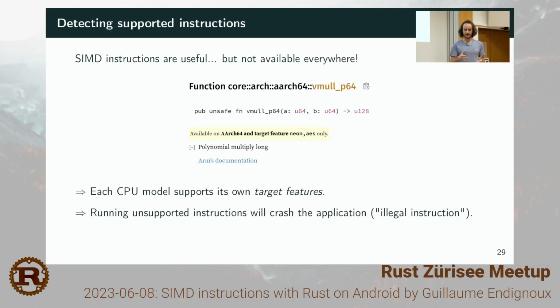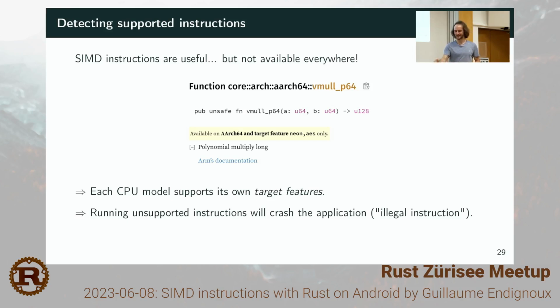So the thing you have to keep in mind is that each CPU model will support its own set of target features on top of the baseline. And if you run unsupported instructions, it will crash the application with illegal instruction, or maybe you get undefined behavior, probably even.